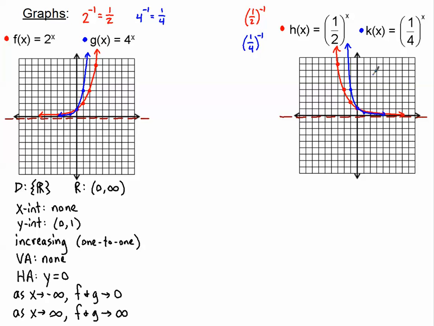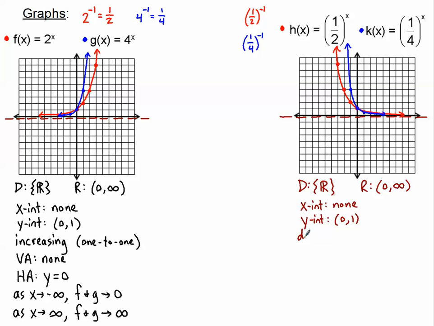Let's talk about the same stuff in the same order and see how things have changed. So our domain is still the same. It's still all reals. Our range is still the same. It's still 0 to infinity, everything above, all positives basically. Our x-intercept is the same because we don't have one, none. Our y-intercept is the same. It's still the ordered pair 0, 1.